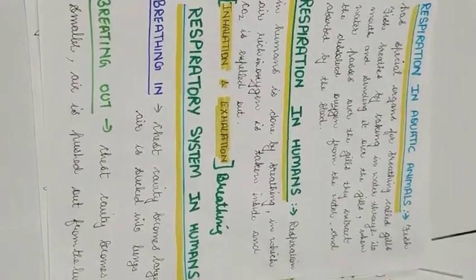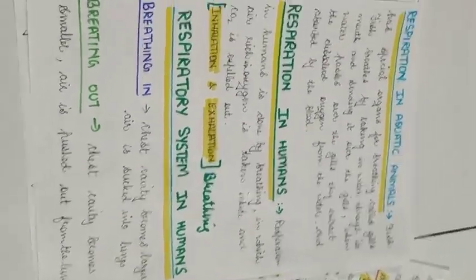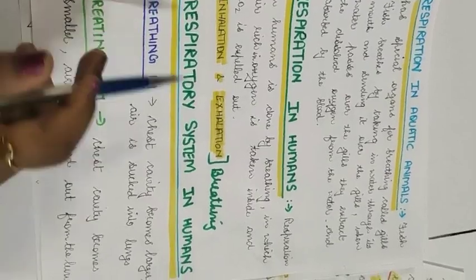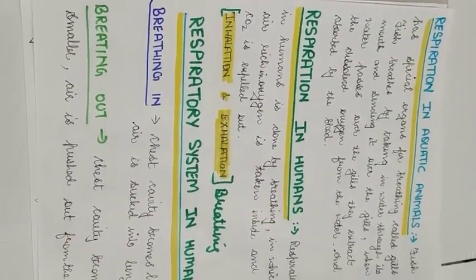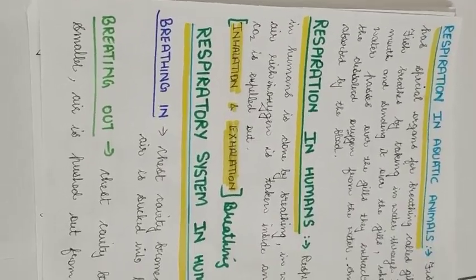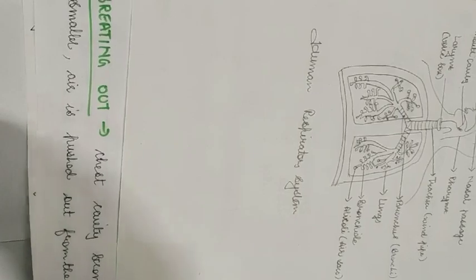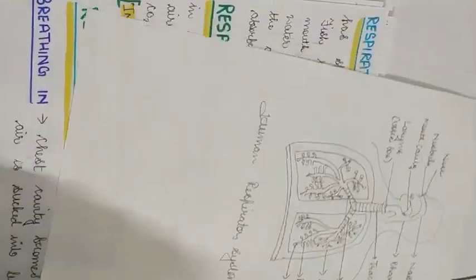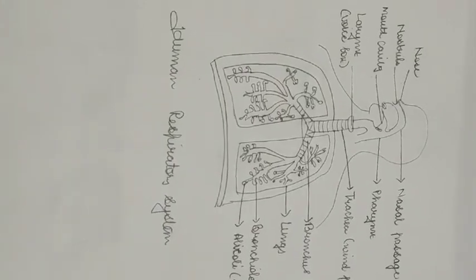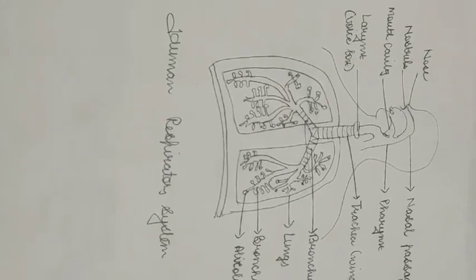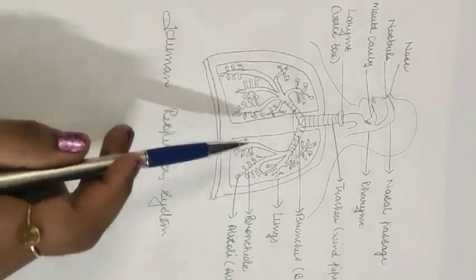When it is a little mechanism, that means when we breathe in, I will explain it to you with the help of a little diagram. Okay, so when we have a look at this diagram, this is the structure of the lungs.